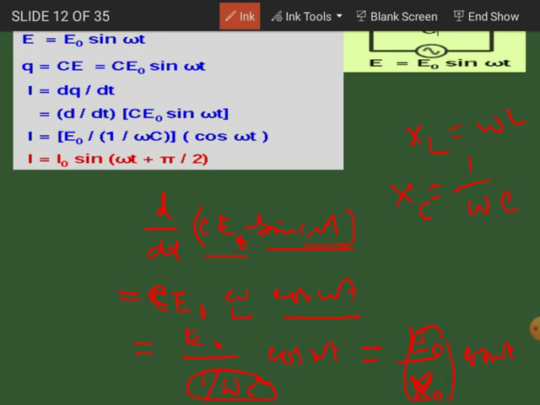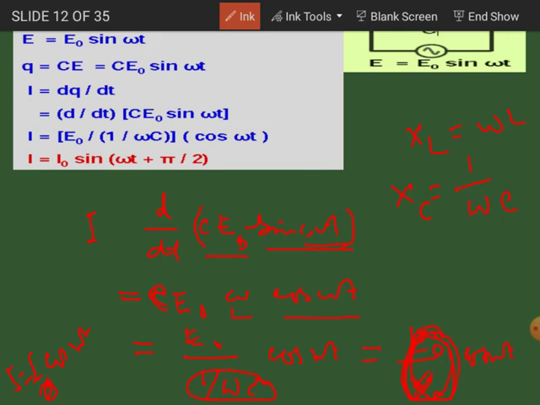So in the next step, it will be written as I equal to I naught, where this I naught will be equal to E naught by Xc, times cosine of omega t.